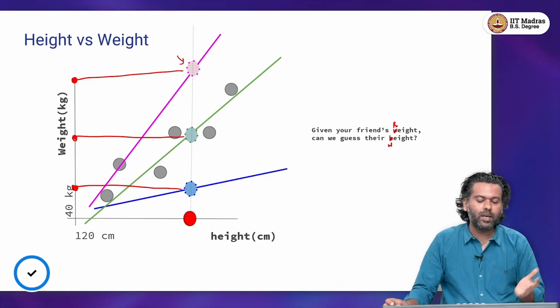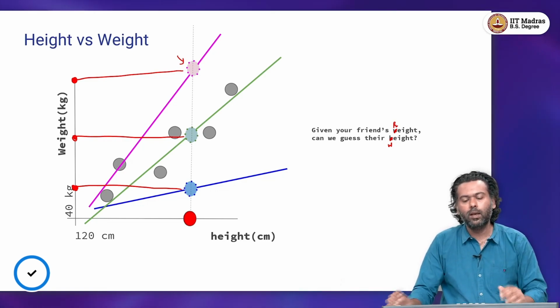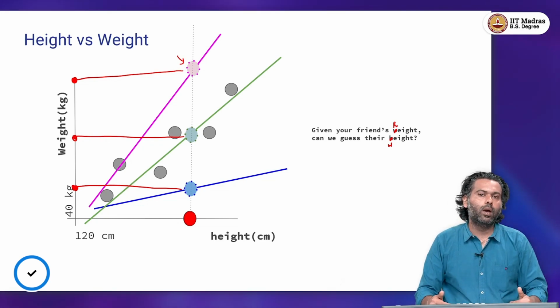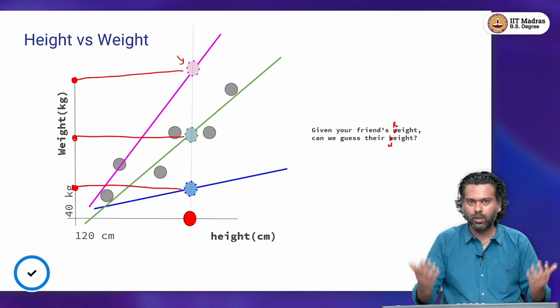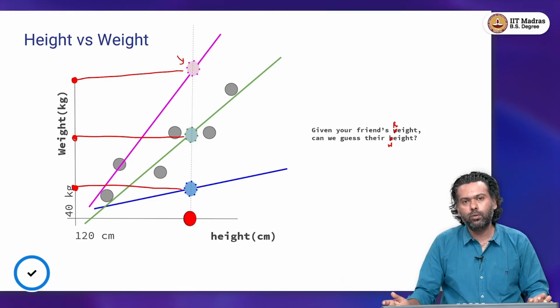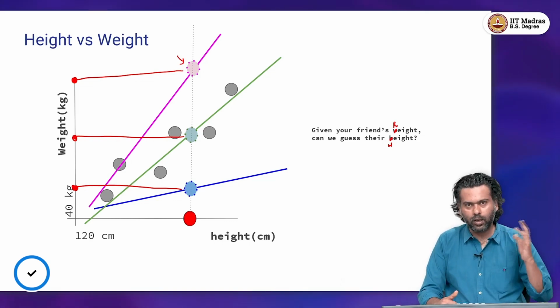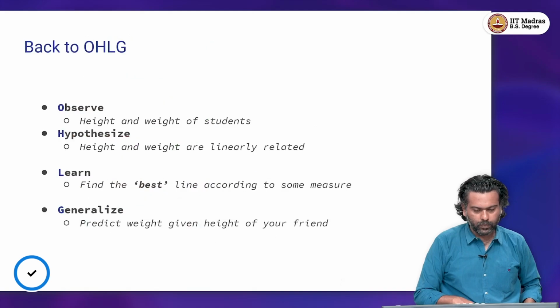Is it the pink line, the green line, or the blue line, at least by looking at this data, and how would you justify your answer? That is something for you to think about. We will talk about how to do this later if we get to that, but right now we are just talking about a high level introduction.